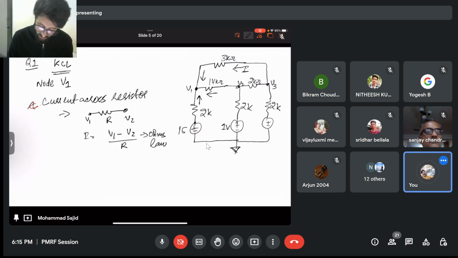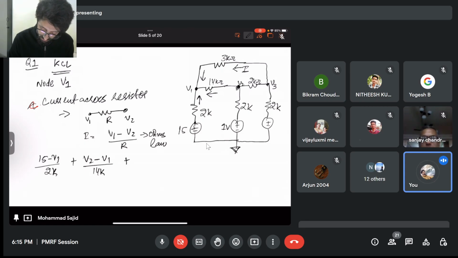So if you now look at the V1 node, current comes from the 15 minus V1 by 2 kilo ohm, right? And the current comes from V2 minus V1 by 14 kilo ohm, right? And similarly, you have current from the upper branch.